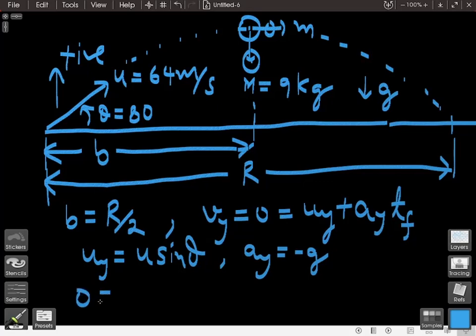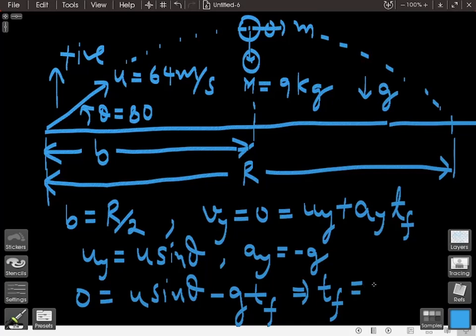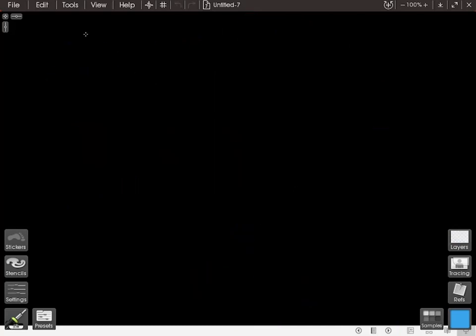So Vy is equal to u sine theta minus g times time of flight, which implies the time of flight to reach the maximum point will be u sine theta by g.